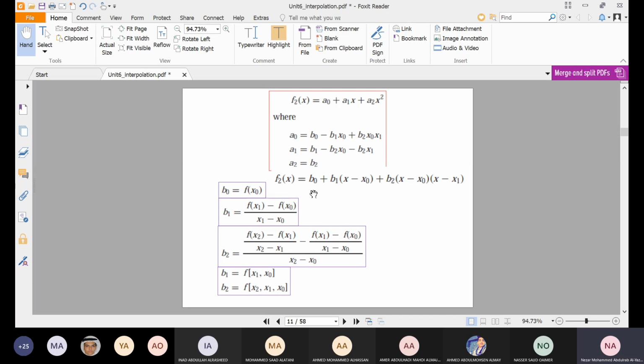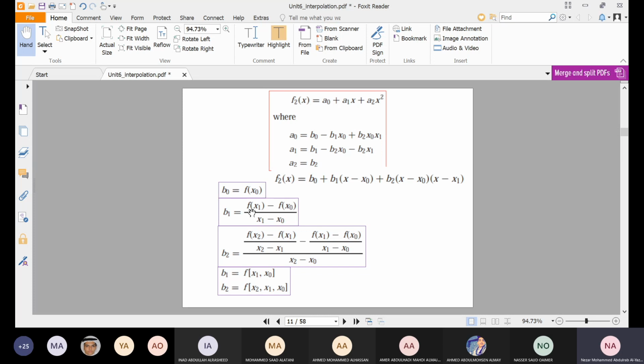Here, for example, if you look at b0, b0 is just f at x0, from the table, the point that you selected as x0. After that, we compute the slope, b1. b1 is the first divided difference.